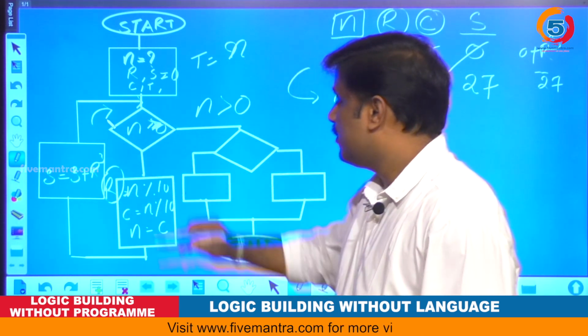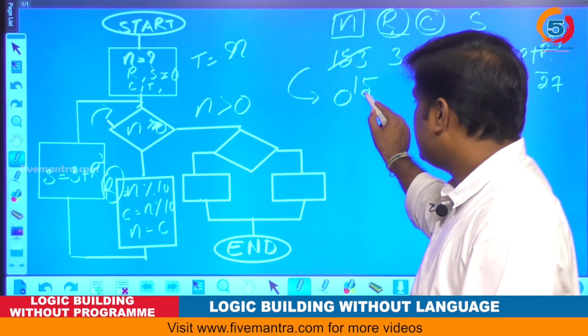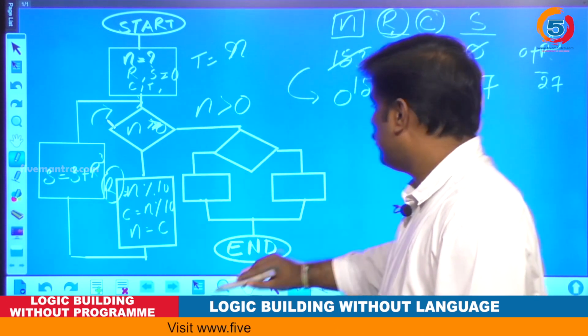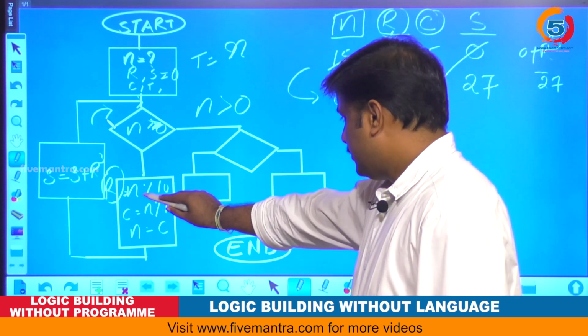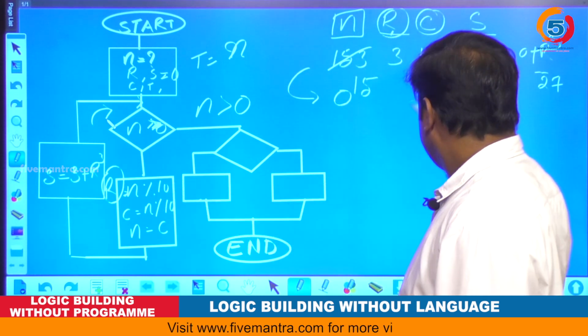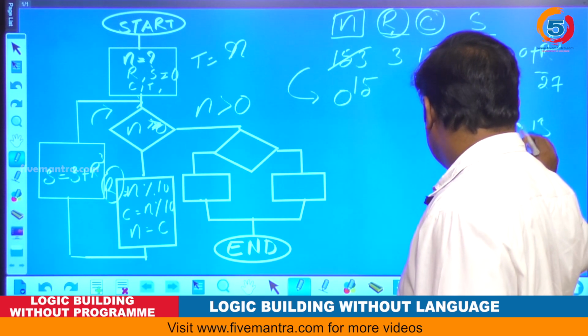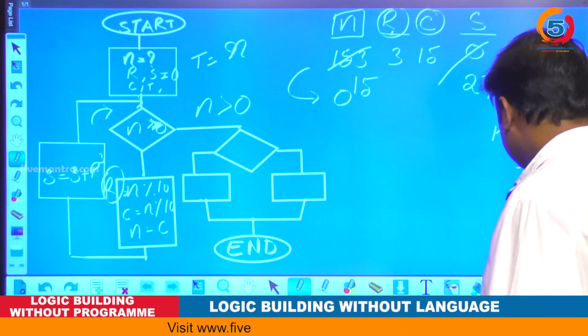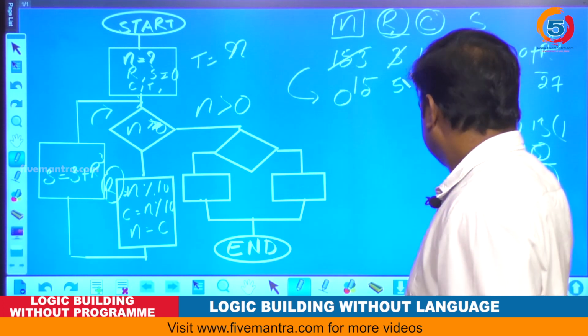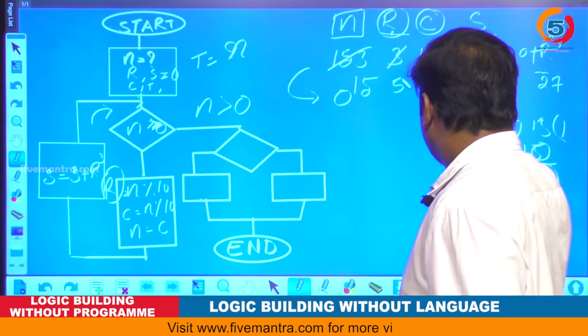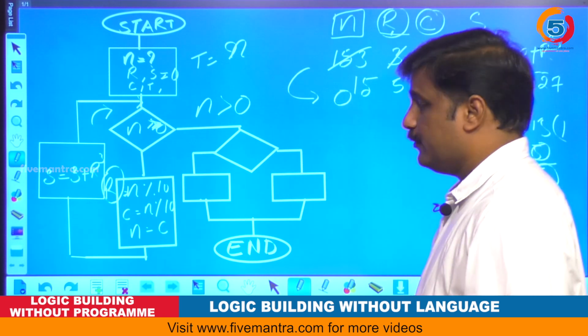In this iteration we'll once again check with the 15. Is 15 greater than 0 or not? Yes, it is true. Then we'll go with the operation n mod 10, that is 15 mod 10. You will get 5 as the remainder, and the coefficient is 1, right? 5 and 1 you will get.